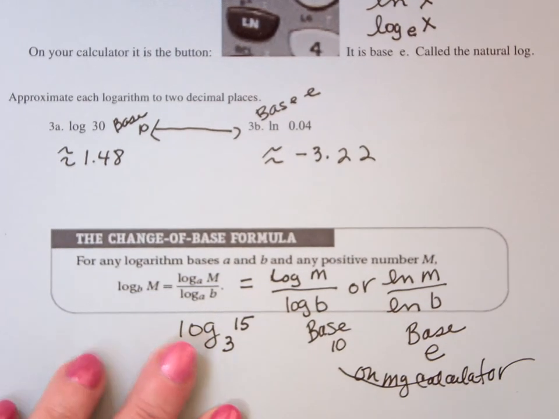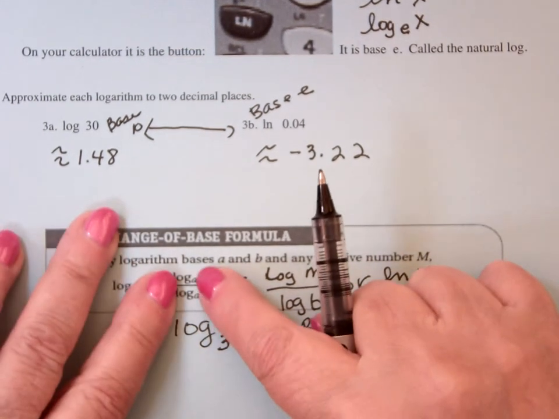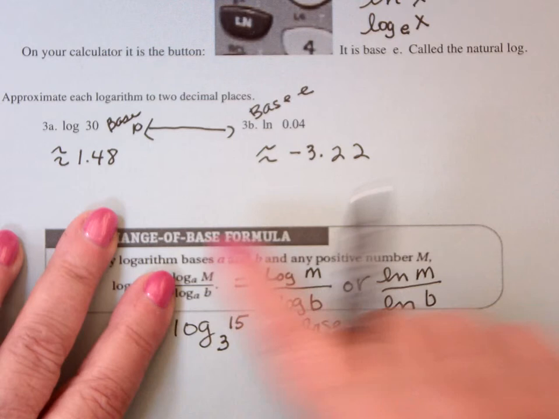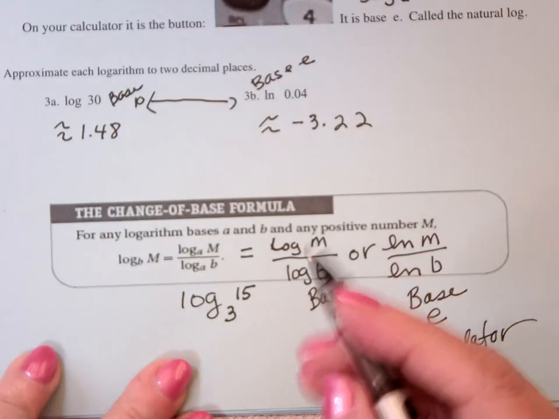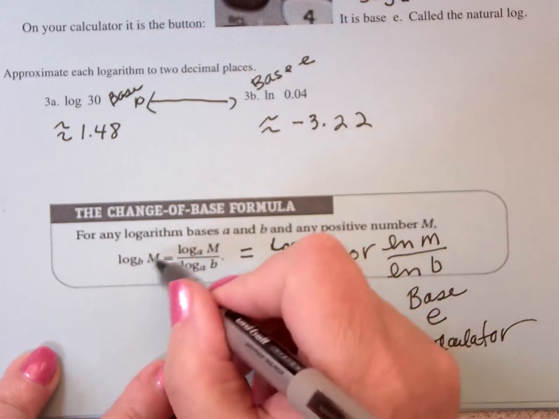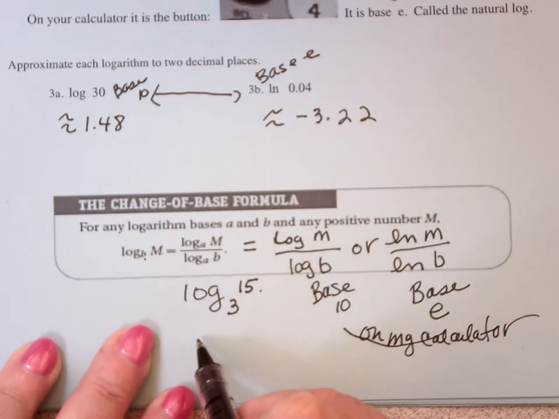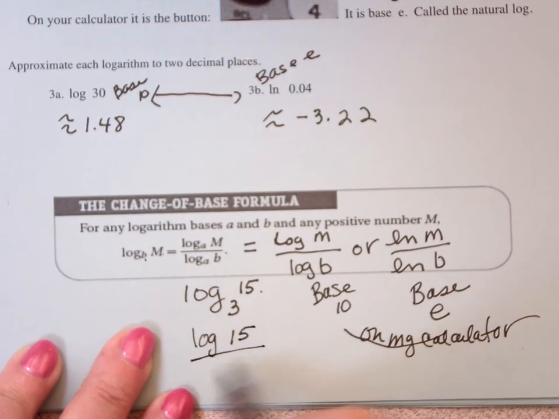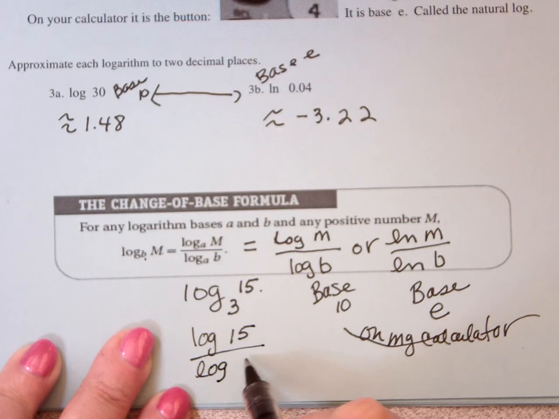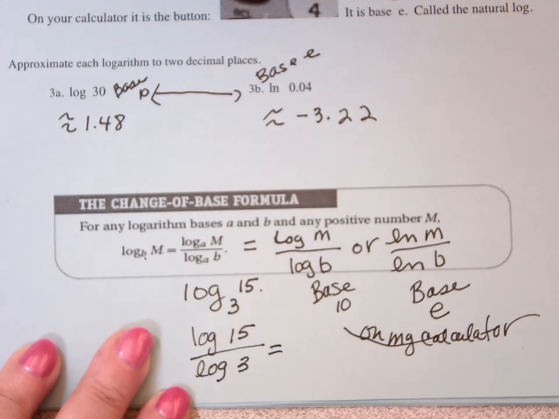What they're saying is you can do this to any base, but I want to translate into something that's on my calculator. So m is the argument, b is the base, and you're going to take log of 15 divided by log of 3, and that's how you're going to do that calculation.